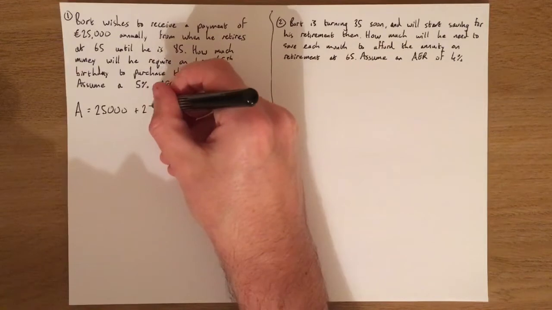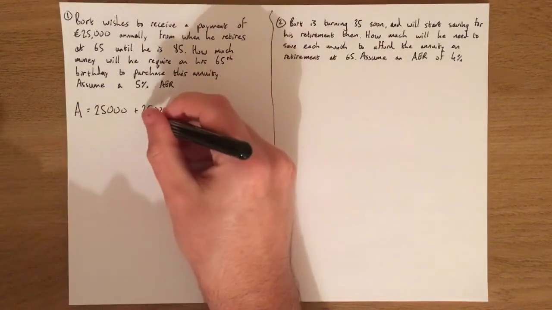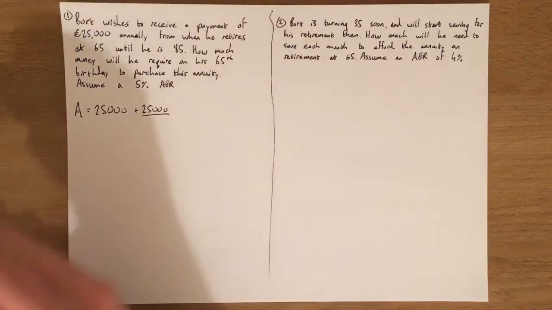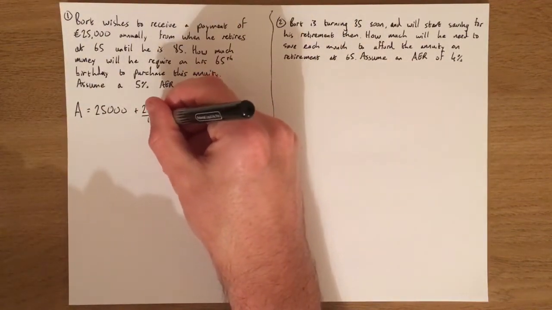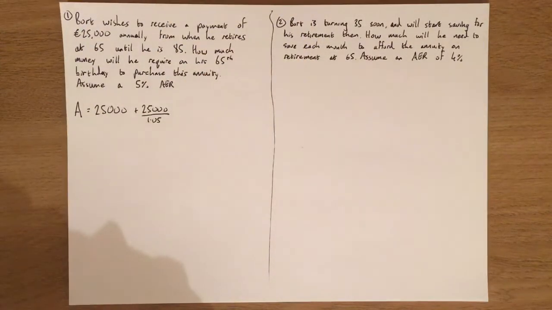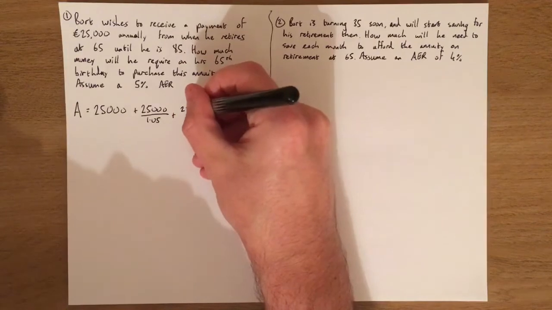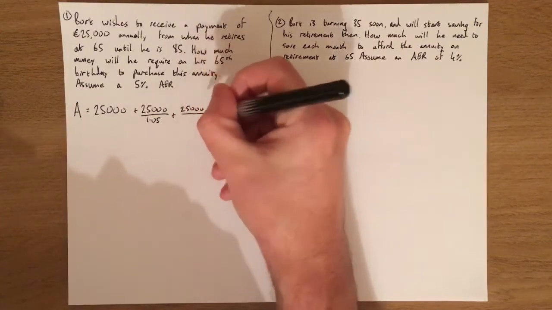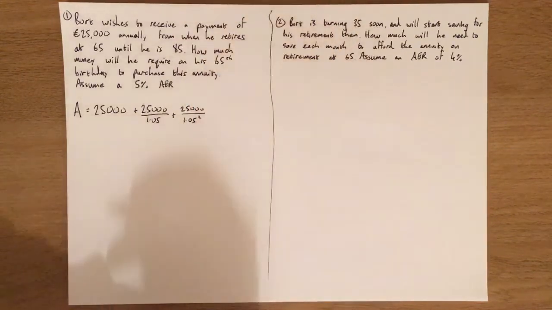Plus, in a year's time, he's going to receive another 25,000. But because that's in a year's time, it's not worth as much in today's terms, so I discount it by 5%. And then in another year's time, I receive another 25,000. Because that's in 2 years' time, I'm going to discount it twice.